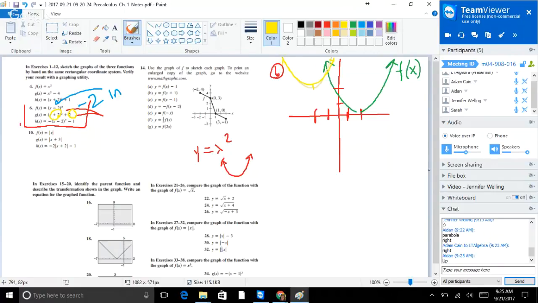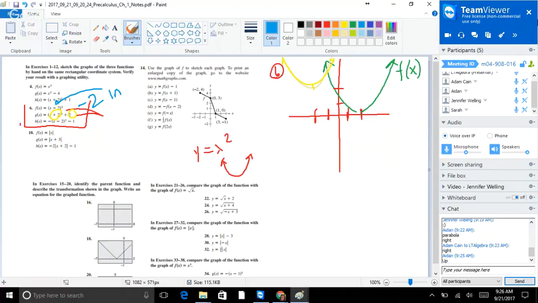All right, so h of x is our tricky one. It's our kind of brain twister. So we got a couple things going on, right? What I like to do is work my way inside out, but you can have different ways that you might want to do this too.